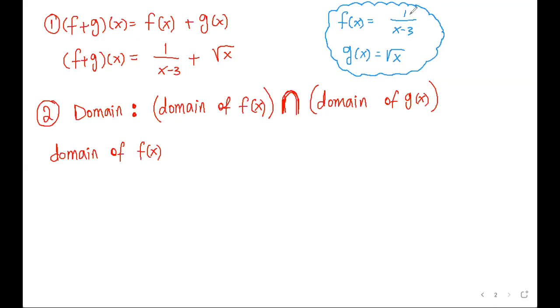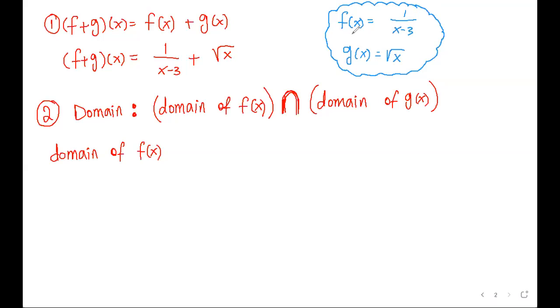So the domain for f(x) means what values can I put inside the function and keep the function defined. If I plug in any number except the zero of the denominator for this fraction, it will work perfectly. So the zero of the denominator here is 3.